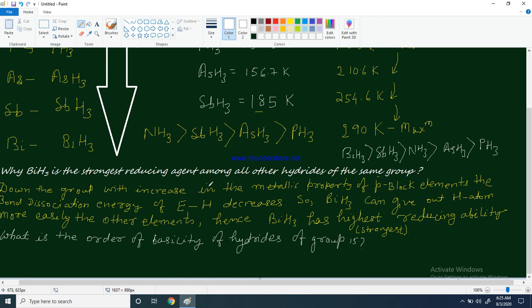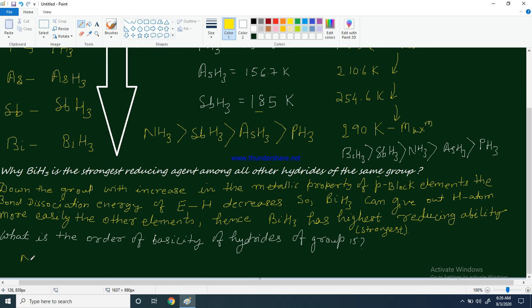So here we have to understand the meaning of basicity. The word basicity means basic character, means ability to accept H plus, ability to accept H plus.